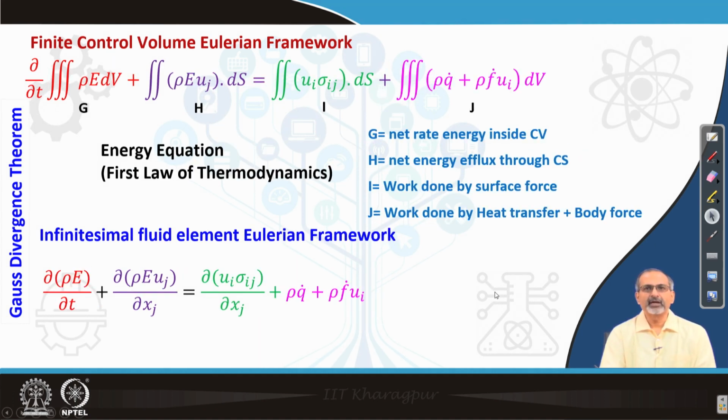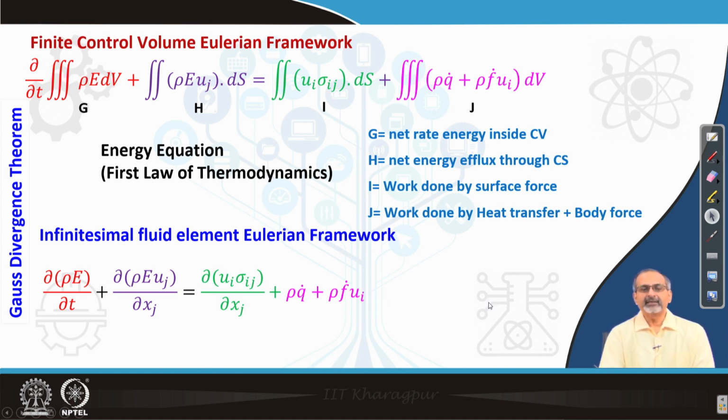Let us have a brief look at the energy equation, which is basically the first law of thermodynamics expression. Here again you have four terms G, H, I and J. G indicates the net rate of energy inside the control volume, that is basically the time rate of change of the energy content.